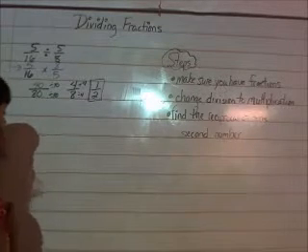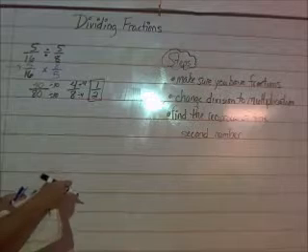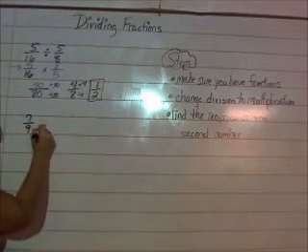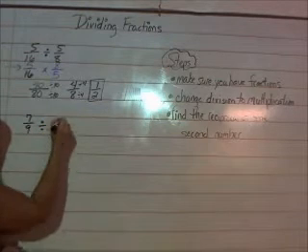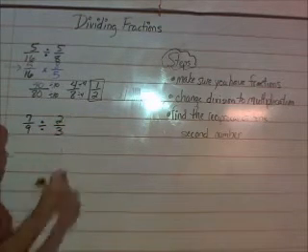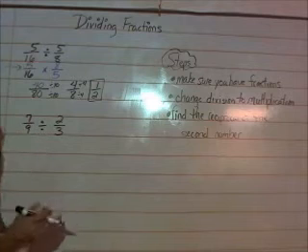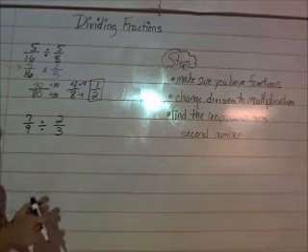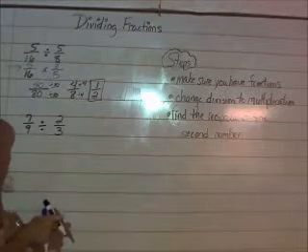Let's do another one. This time, let's take 7/9 and divide it by 2/3. So our original problem is 7/9 divided by 2/3. Well, I've got fractions, so we're good there.